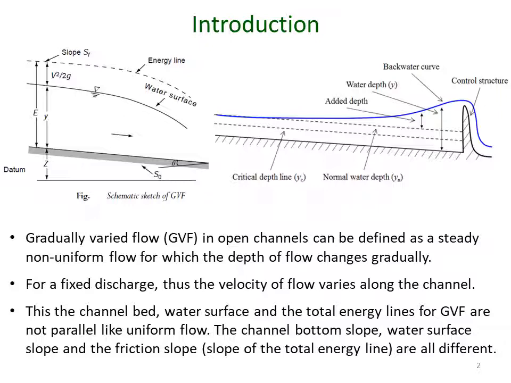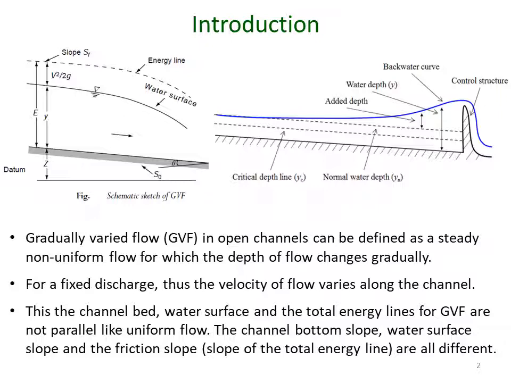And due to this control structure, we can see that the water behind it is backing up, and a backwater curve has formed behind the control structure. This backwater curve is an example of a gradually varied flow, as you can see that the depth of flow is gradually varying behind the control structure.